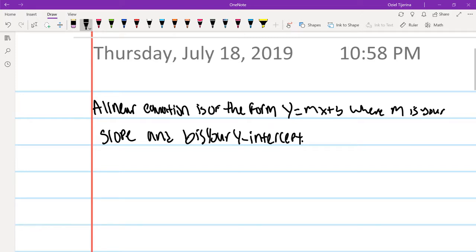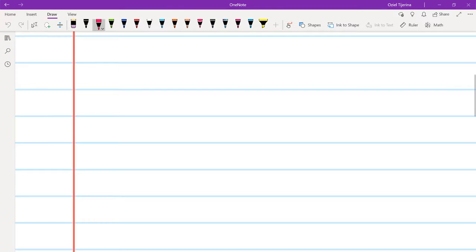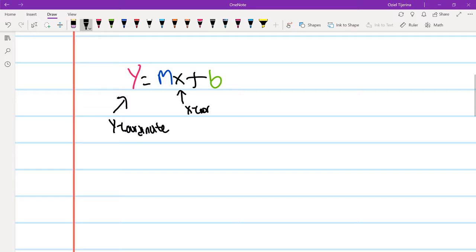So it would be y equals mx plus b, and this is your y coordinate, this is your x coordinate.